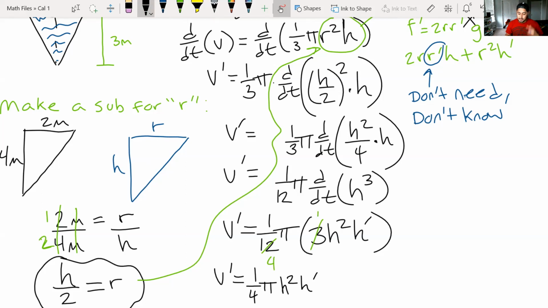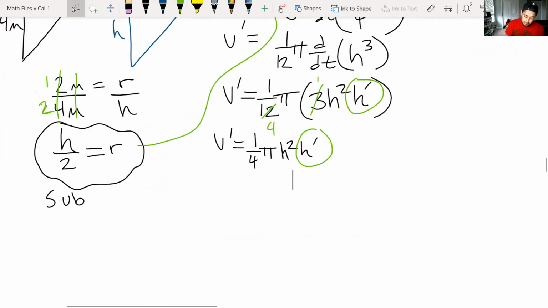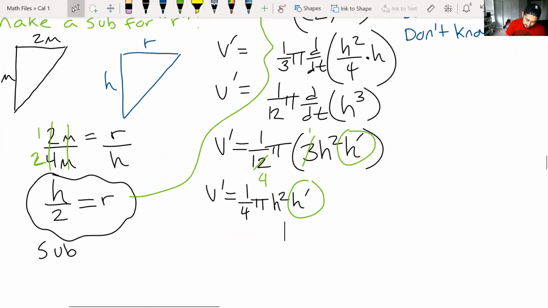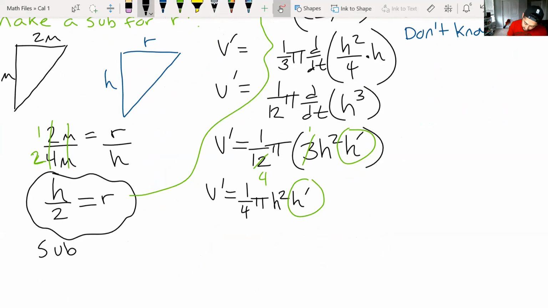Again, we're solving for h prime. Don't forget that. So isolate h prime to one side, which means we need to get rid of the 1/4, the pi, and the h squared. To get rid of the 1/4, I'd multiply both sides by 4.